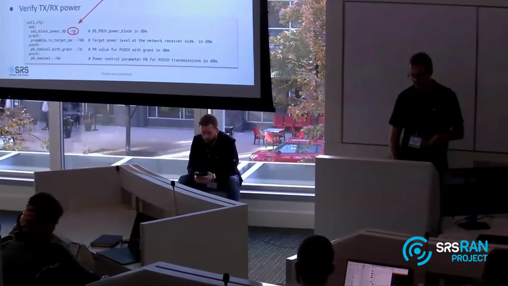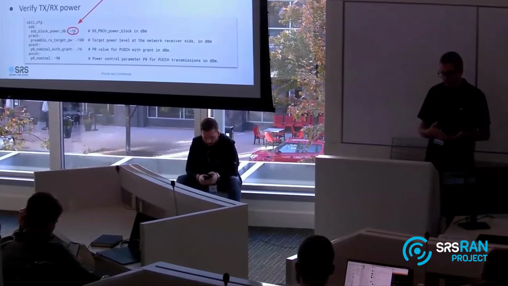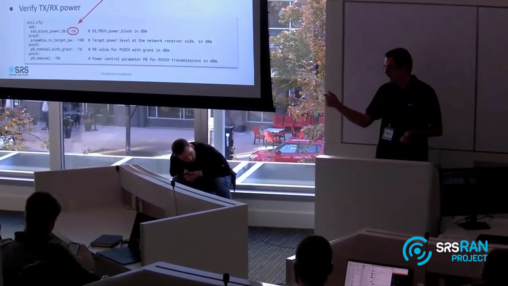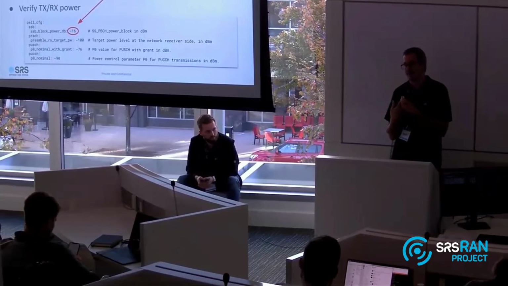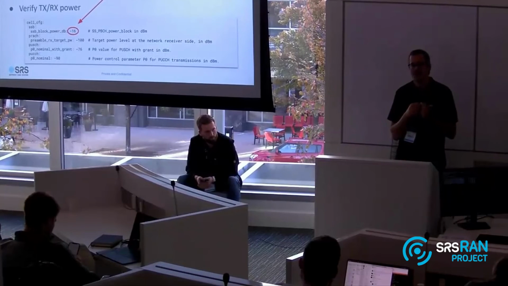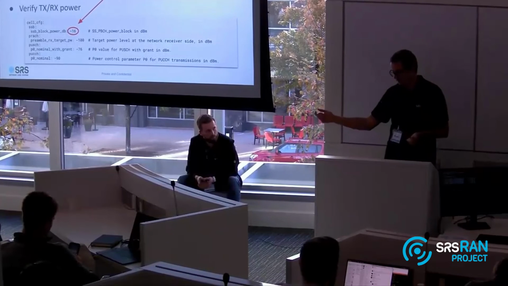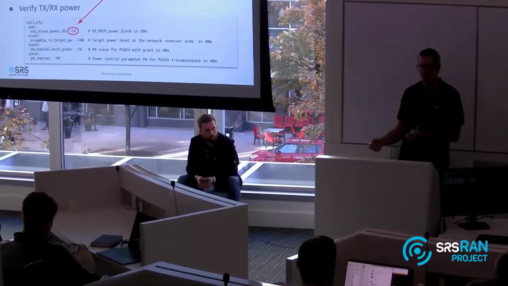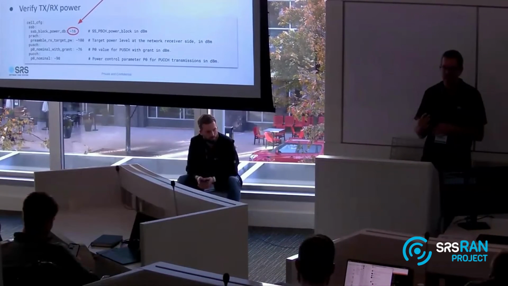And this is important because if we say that we are transmitting -16, but in reality we are transmitting 40, and the UE is at some distance, the UE will think that it's very, very close and will transmit tiny power, and we won't see it. Or the other way around, the UE might be transmitting full blast power and it will saturate our receiver because it will be very close, and the quality of the signal will be very bad.